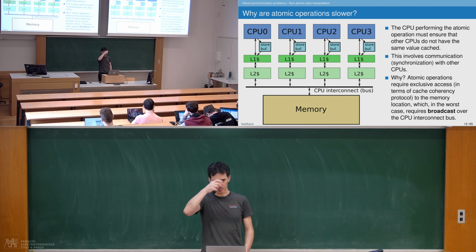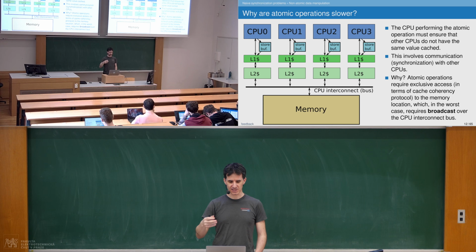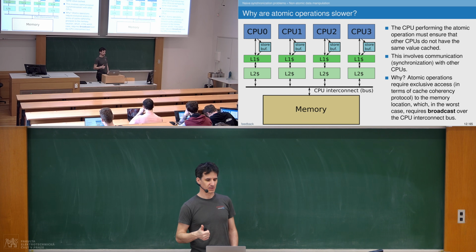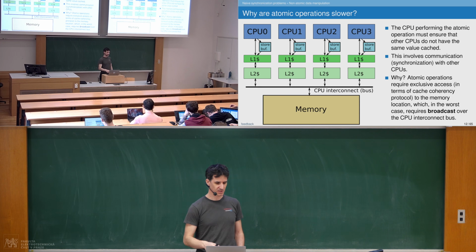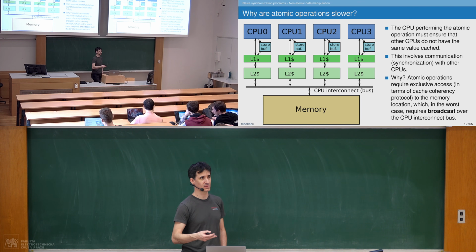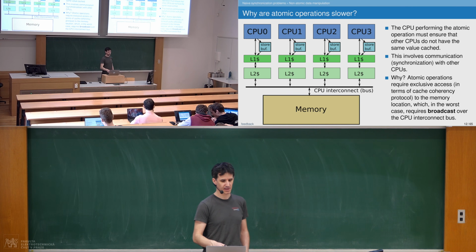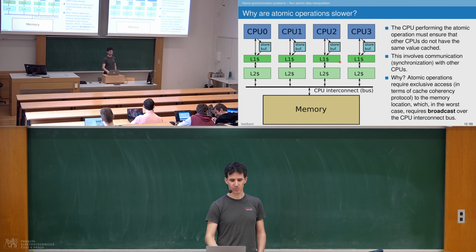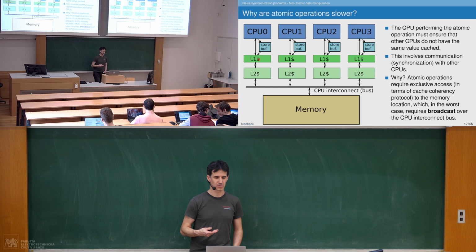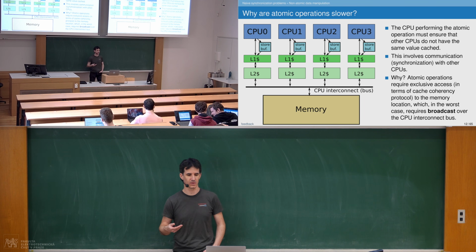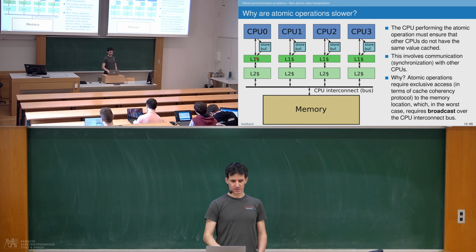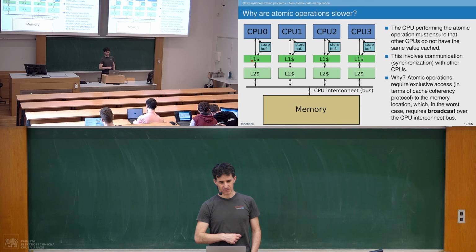You have probably heard about this MESI protocol, where the letter E stands for exclusive access. So if the CPU knows that it has this data in its cache exclusively, meaning that no other CPU has the data in their cache, the CPU can directly execute this atomic instruction in its cache.